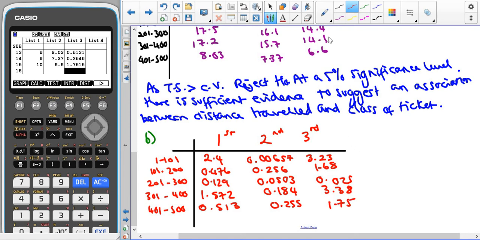So again, we need to choose the 2 largest numbers that we have.